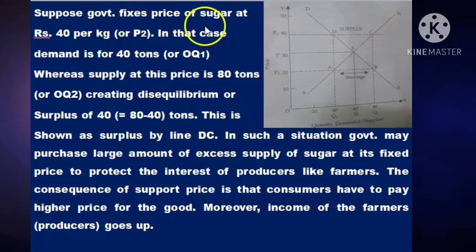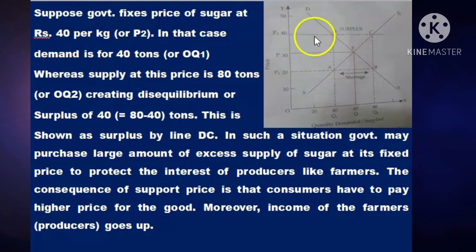Suppose the government fixes the price of sugar at 40 per kg, or P2. Here the government is fixing the price above the equilibrium level, that is P2 at 40 rupees. In that case, what is the demand?